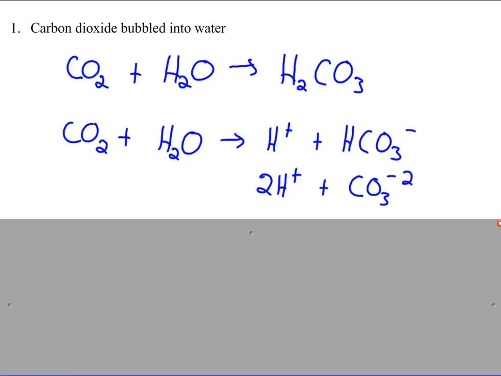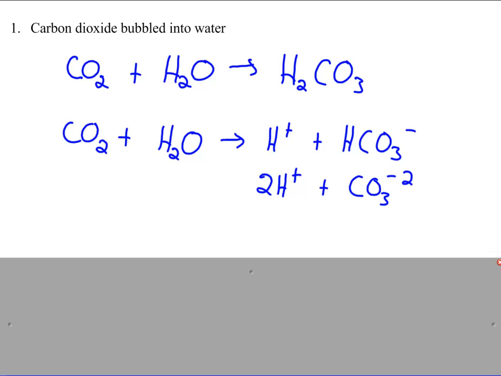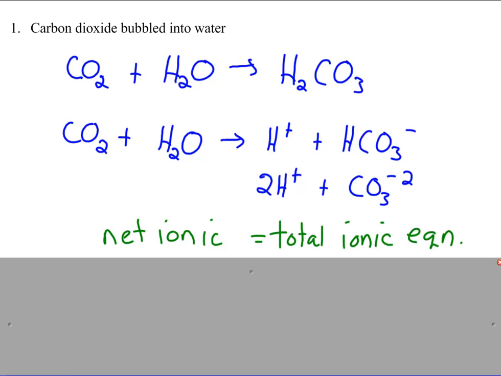So now my next step is I want to write my net ionic equation, so I'm going to cancel out those things which do not change from the reactant side to the product side. If I look, on the reactant side I have molecules and no ions. If I look on the right, I have ions. And so everything changes. So my net ionic equation is equal to my total ionic equation. And sometimes that happens. And that's okay.